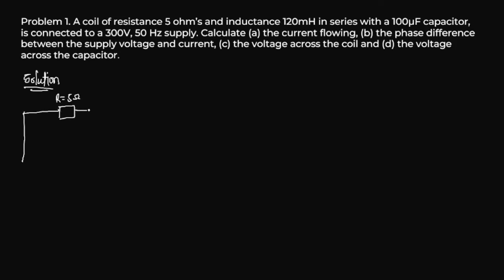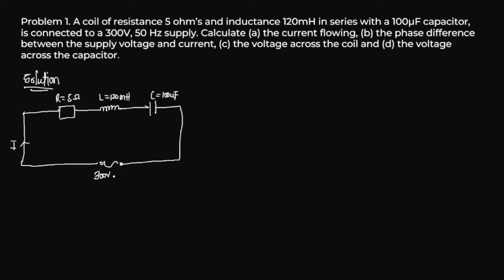And then we have an inductance, which is L is equal to 120 millihenry, connected to a capacitor C, which is equal to 100 microfarad. And then we have our AC source over here, then we have our voltage. We're told that we have a 300 volt, 50 hertz AC supply.